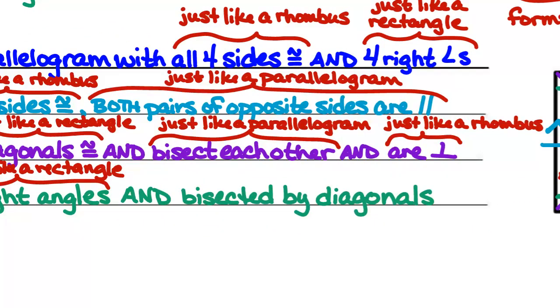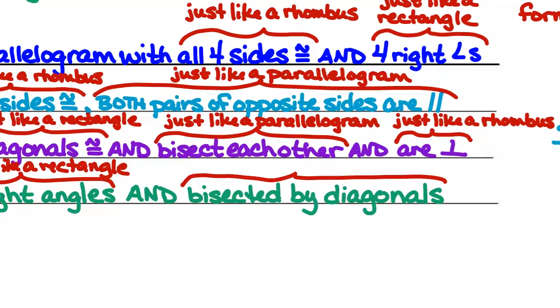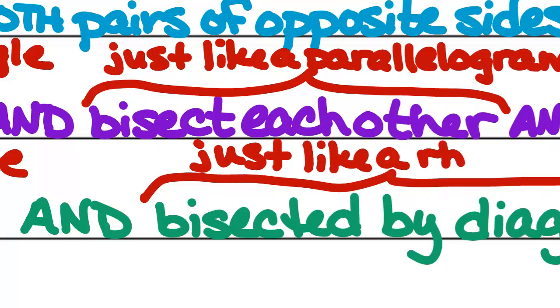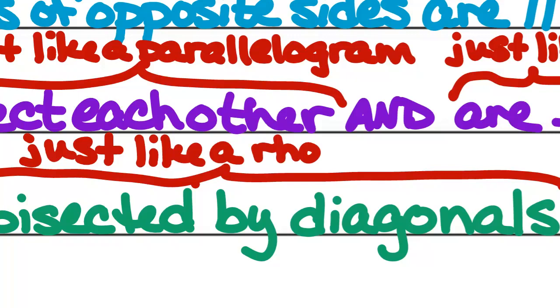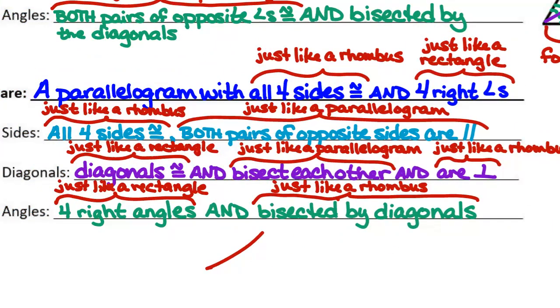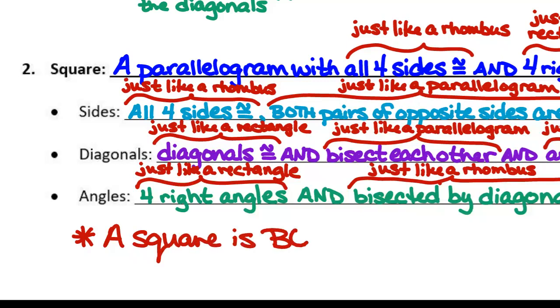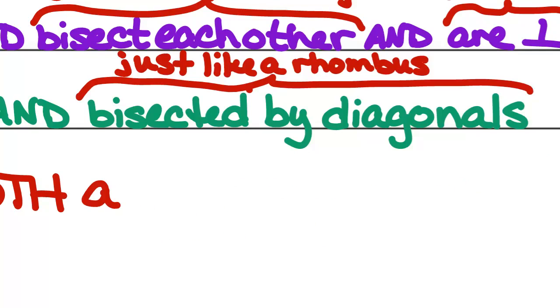And bisected by the diagonals, just like a rhombus. A square is both a rectangle and a rhombus.